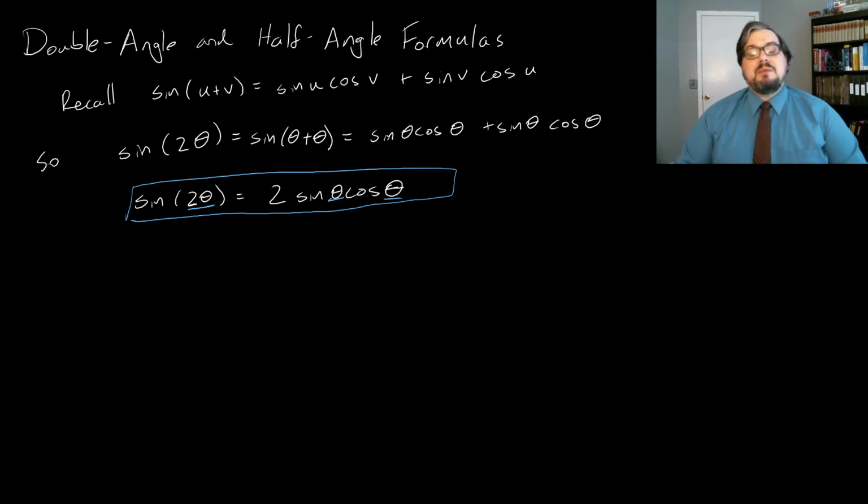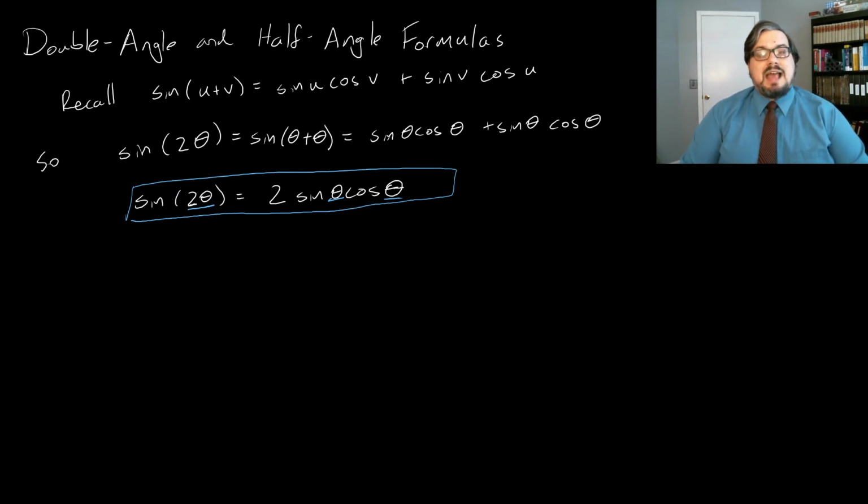Other times we might have an expression involving sine and cosine multiplied together, and that might be kind of complicated, and so we want to take that back and express that using just a single trigonometric function. That can often be helpful for solving equations. So this is the double angle formula for sine.